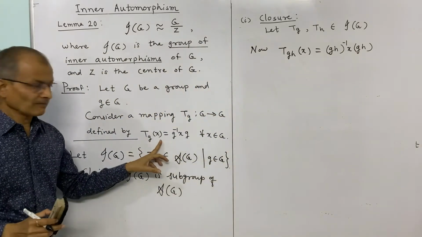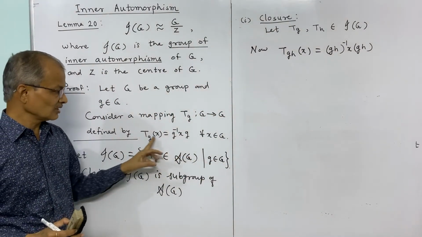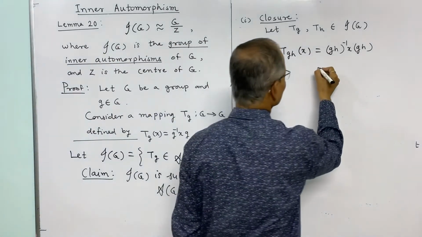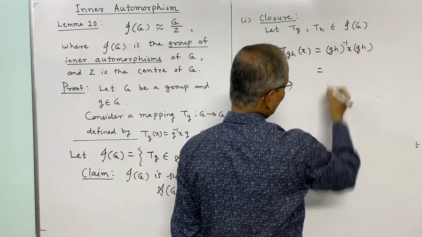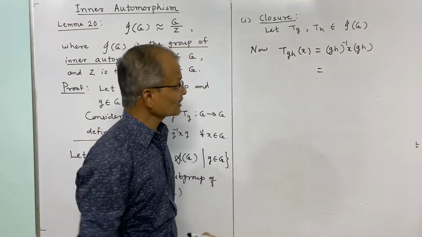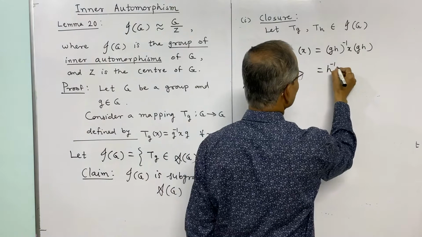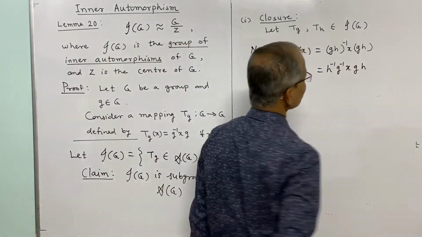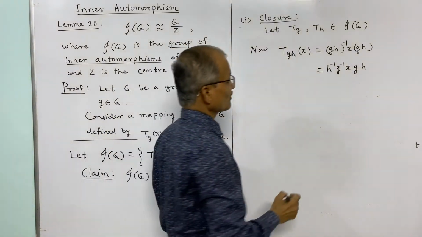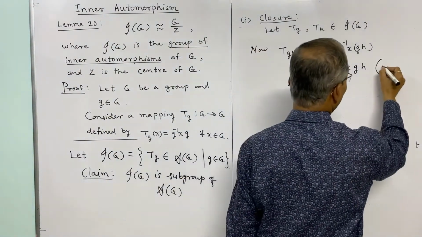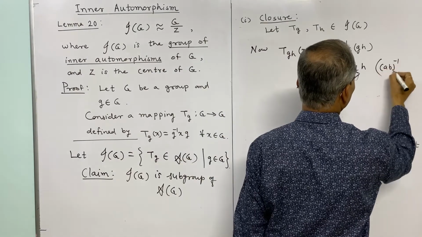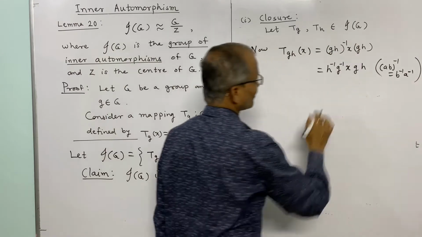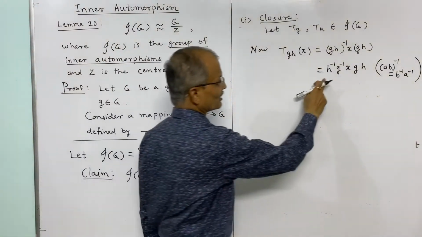See, the definition of TG of X is G inverse XG. Instead of G we have taken GH, and further this is equal to GH inverse X GH, which by reversal law is H inverse G inverse X G H. Since inverse of AB is equal to B inverse into A inverse, inverse of GH is H inverse G inverse.